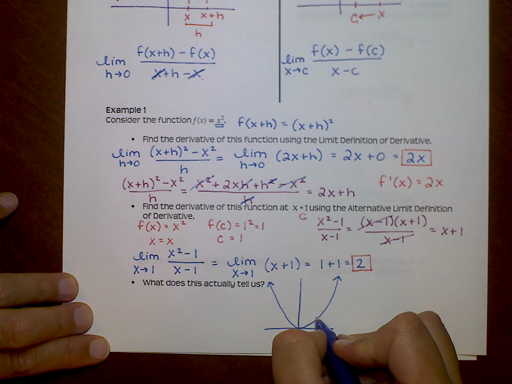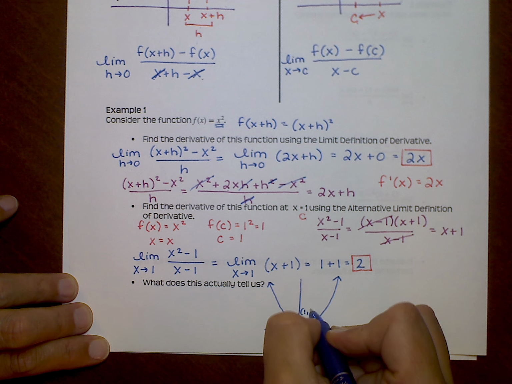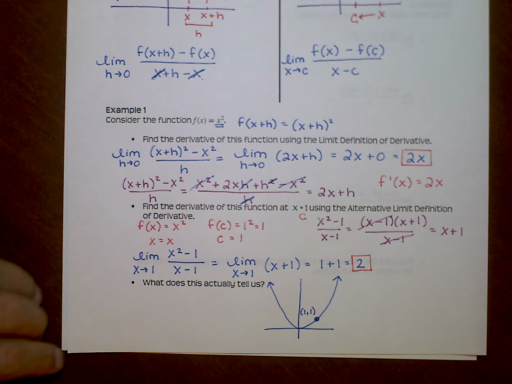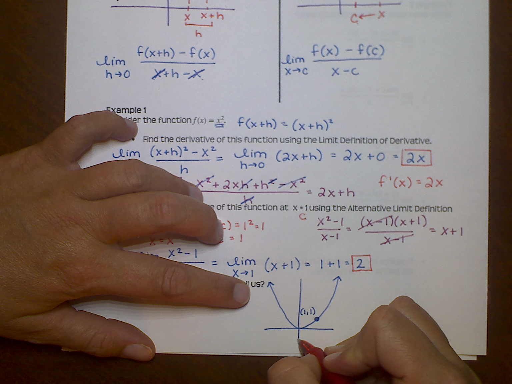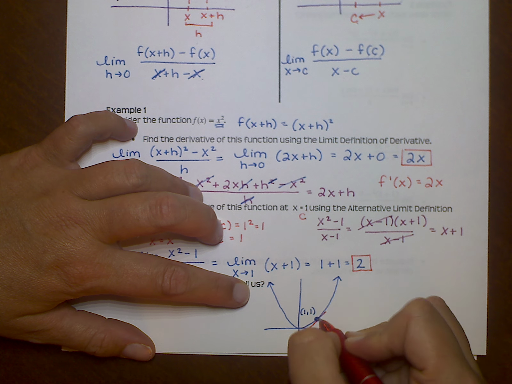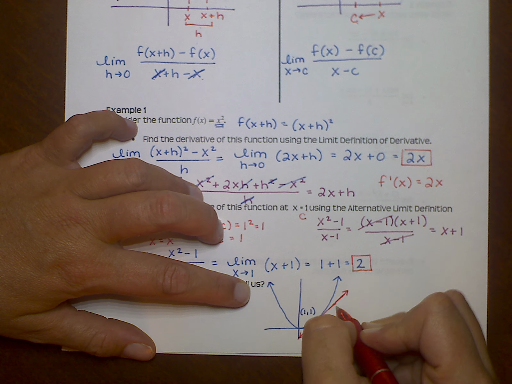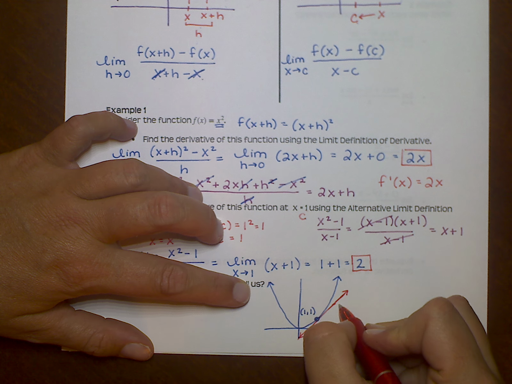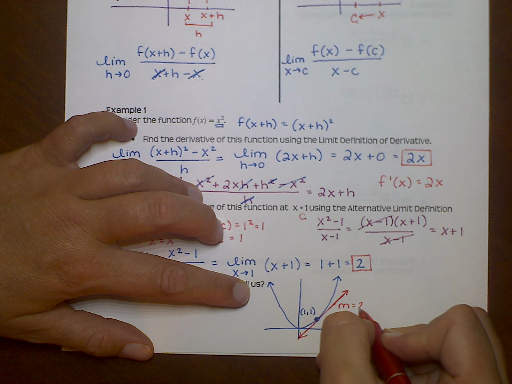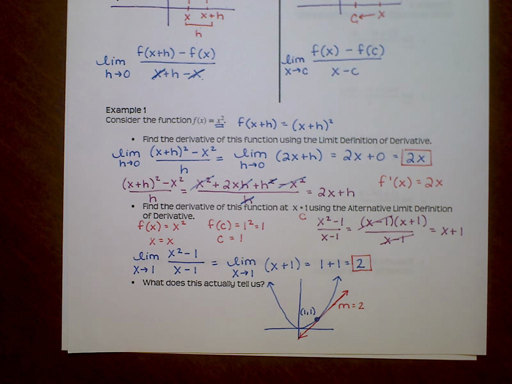If I go to where x equals 1, so let's assume this point here is (1, 1), which is a point on x squared. If I were to draw the tangent line in here, and I didn't draw this very well to scale, what this tells me is the slope of that tangent line would be equal to 2. Okay?